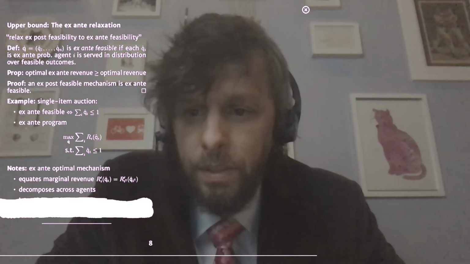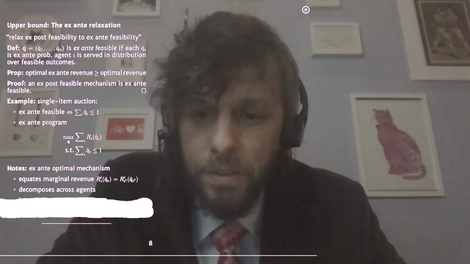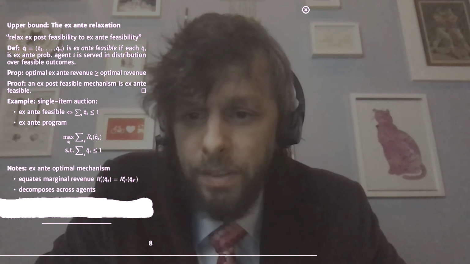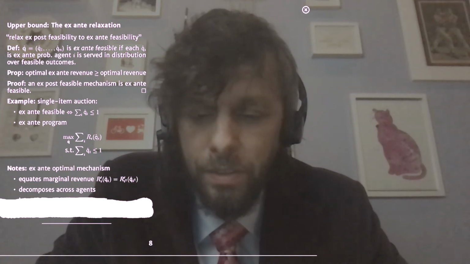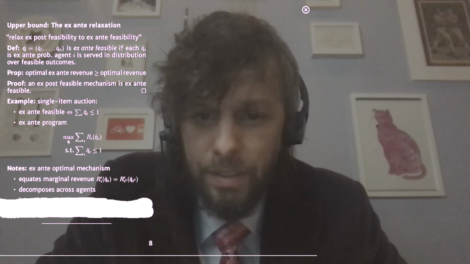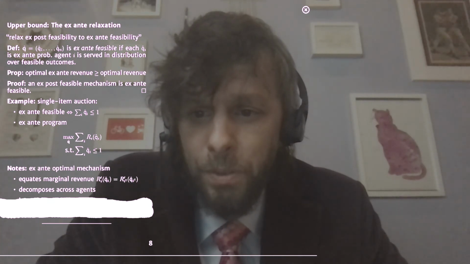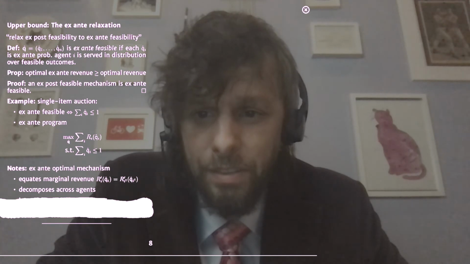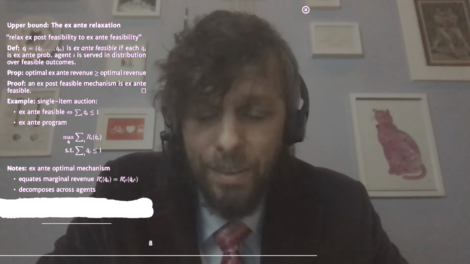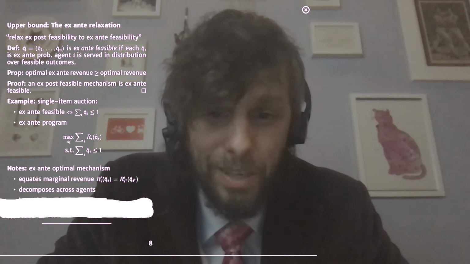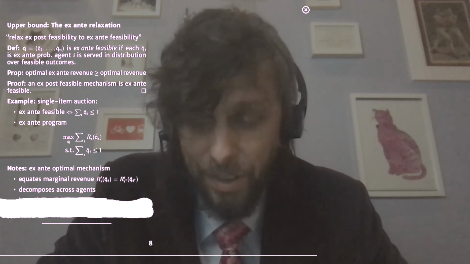Some notes. What does the solution of this program look like? Well, it's going to equate marginal revenues. So at the optimal solution, for two agents i and i prime, the marginal revenues are going to be equal. Furthermore, it's going to decompose across agents. Once I tell you what the allocation probabilities are, the optimal thing you do for that agent is going to be independent across agents.